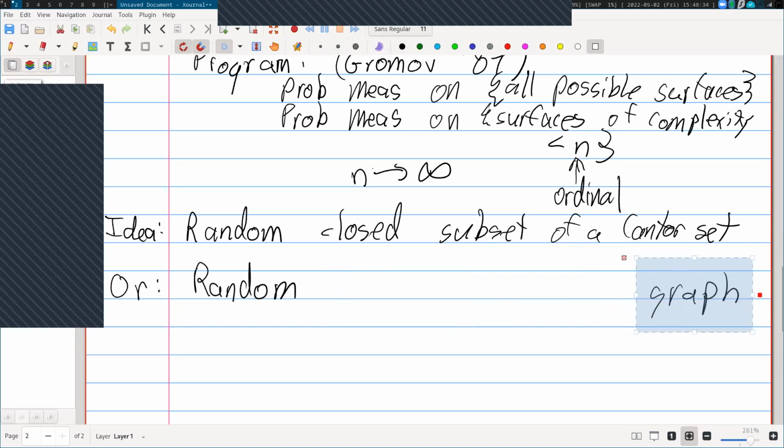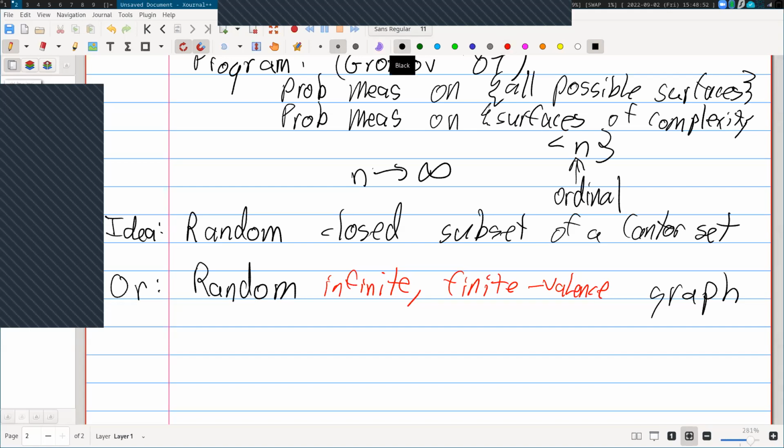But you're wrong, because we want a random infinite but finite valence graph. And then there's a very nice correspondence that Hannah talked about between these and infinite type surfaces, if we can make one.